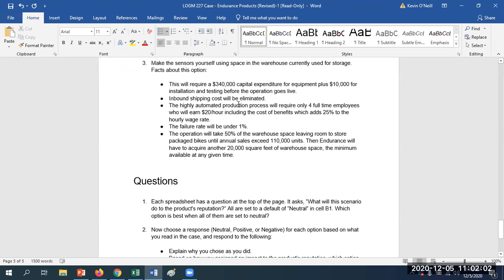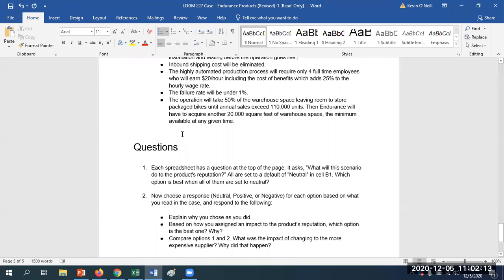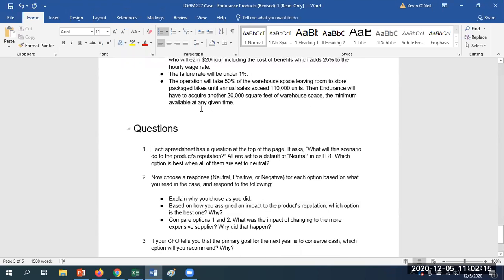The highly automated process is going to require only 4 full-time employees who are going to earn 20 bucks an hour plus the cost of benefits. And the failure rate is going to fall below 1%. And that operation is going to take 50% of the warehouse space, leaving room to store packaged bikes until annual sales exceed 110,000.